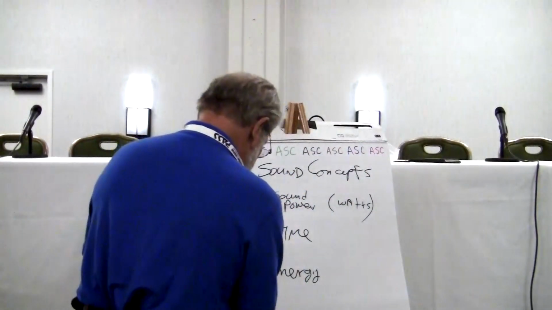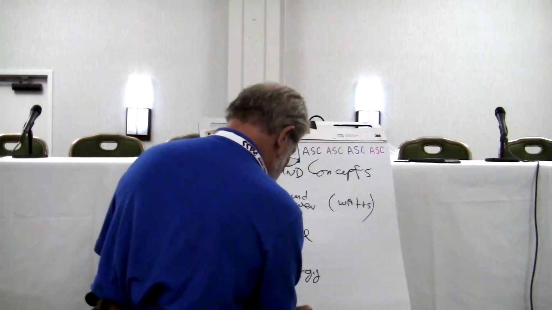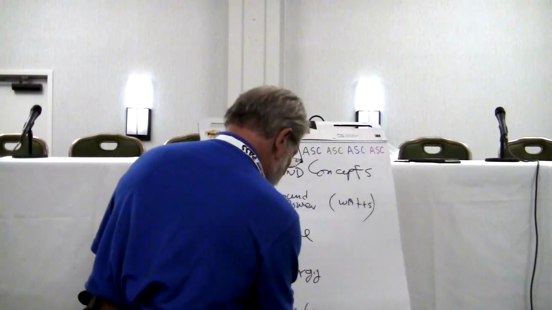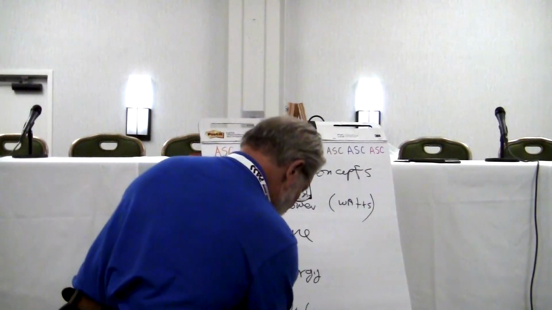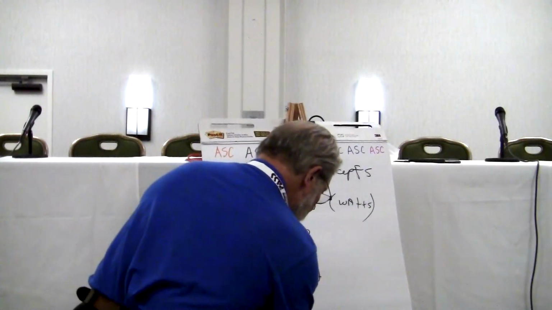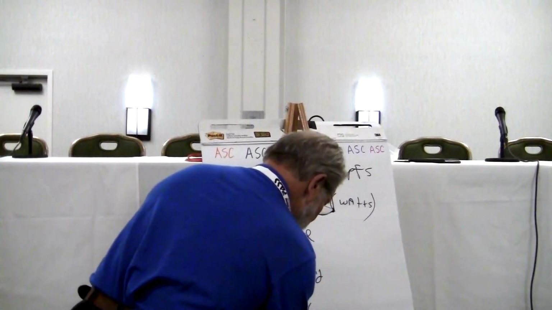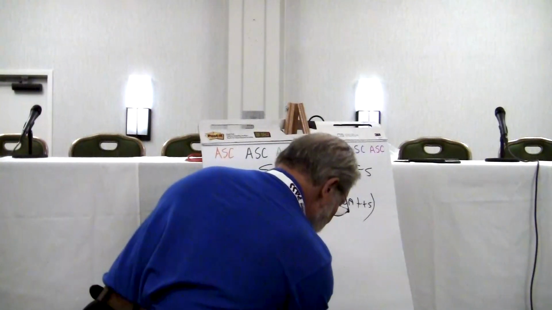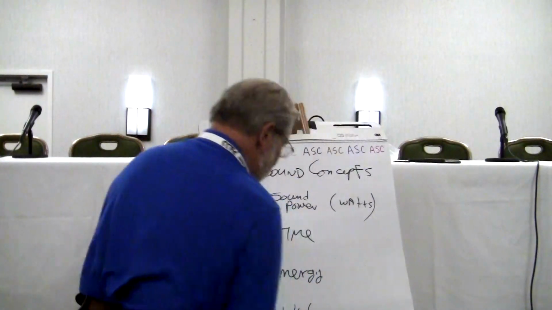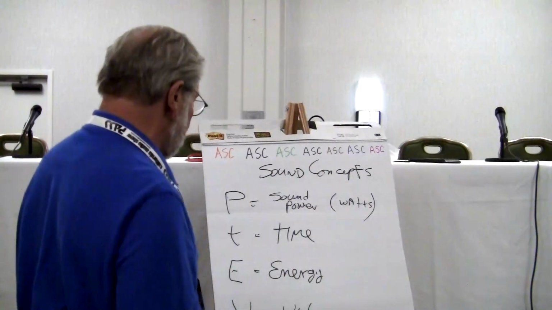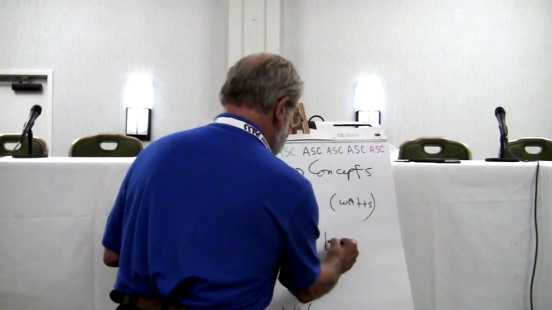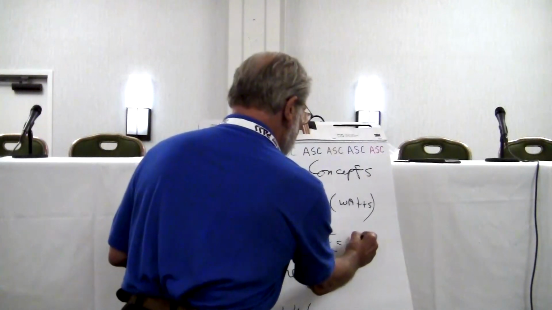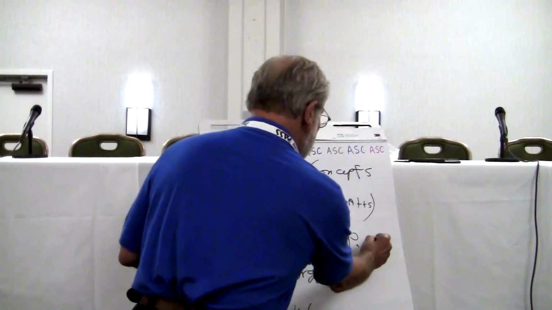Another thing that we're going to talk a lot about is room volume. And another one we're going to talk about is called energy density. Okay, so energy equals power times time.